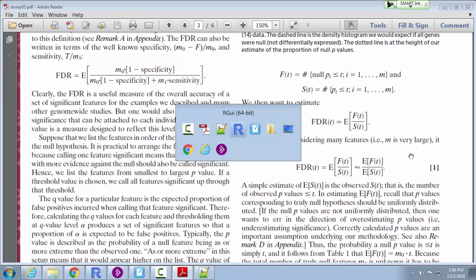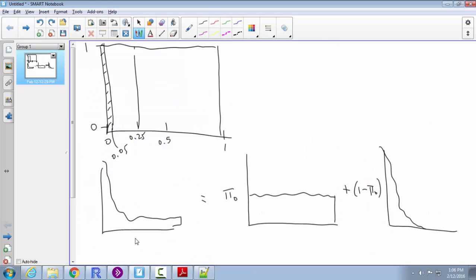By the way, if you think back to this picture, we take our M p-values, we make the histogram, we see that. And we said that this could be thought of as a mixture of a flat distribution for the null features and something like this for the alternative features. So what we're going to do is kind of decompose this picture. We're not going to know what pi 0 is or which specific features go into each of these two. But we can look at this and say, I believe that's a mixture of one of these and one of those.